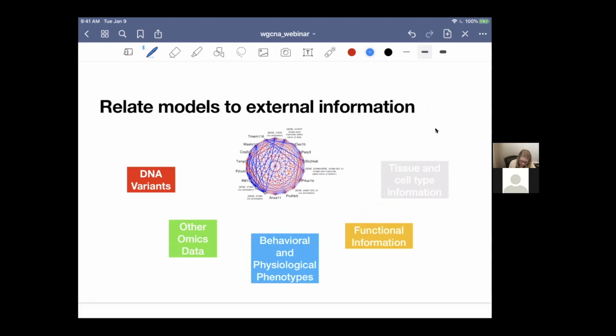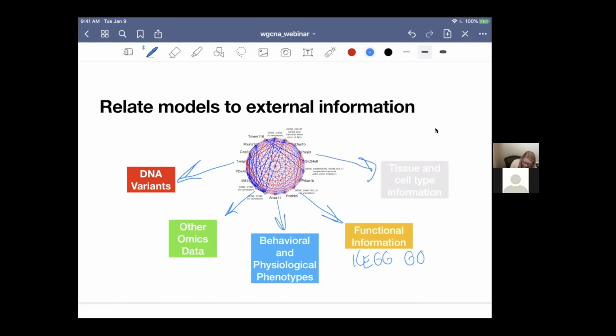And so some of the typical things that we can associate it with: we can go with DNA variants. We talked a little bit about this during the introduction to eQTL webinar. We can associate it with lots of different omics types of data. We can do behavioral and phenotypic data, and the functional information that we talked about, so again, thinking about KEGG and GO and databases like that.